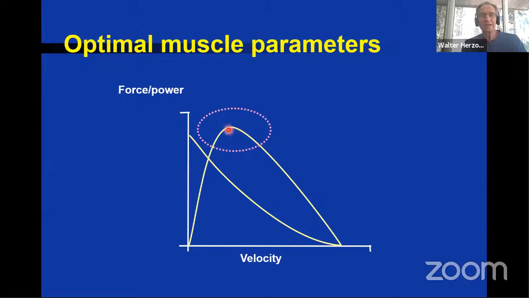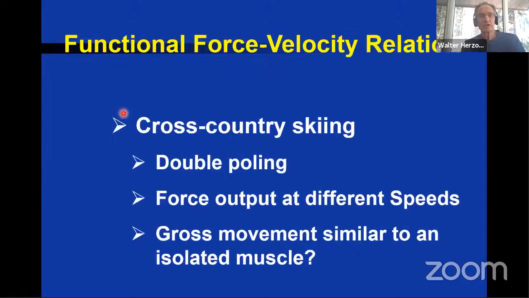You would like to work in an area of the force and power-velocity relationship where your power output is maximized. And again, we have looked at functional power output in different athletic movements. One that I'm going to show you here as an example is cross-country skiing, and particularly the action of double poling in cross-country skiing.